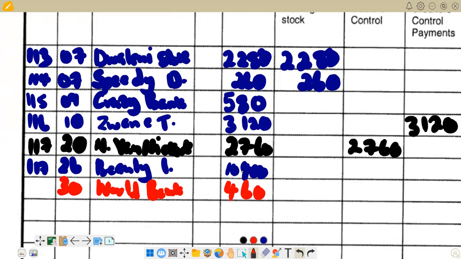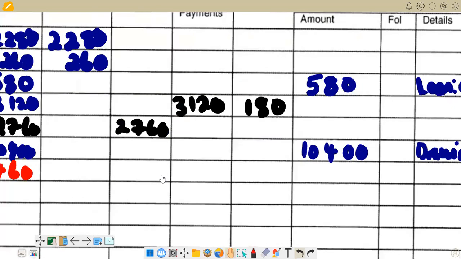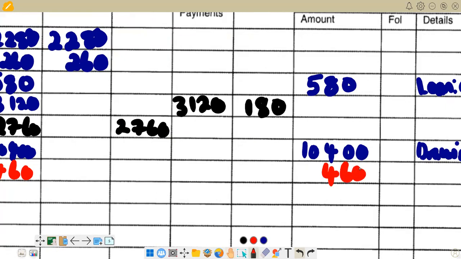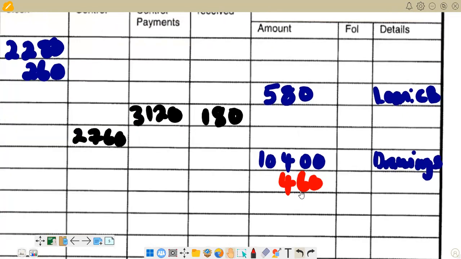We don't have a column for bank charges, if you see, so we are going to put it under the sundry accounts. We put our 460 there, and on the description, these are bank charges, remember. If your space permits, you can write in full there, bank charges.